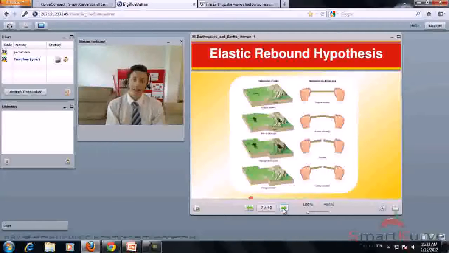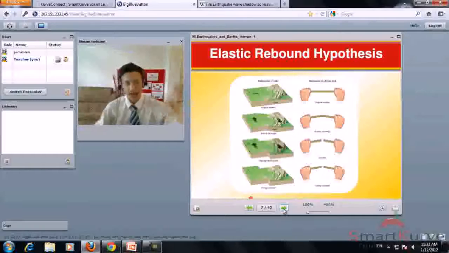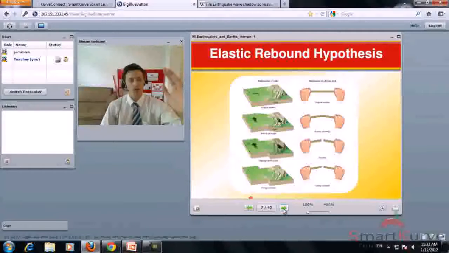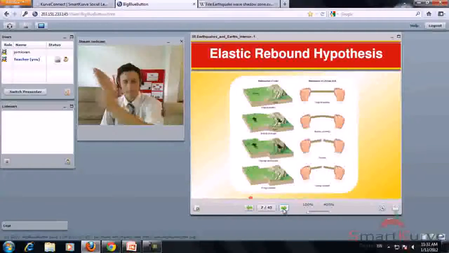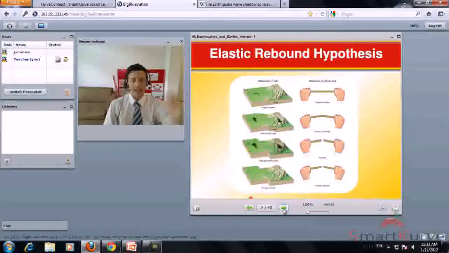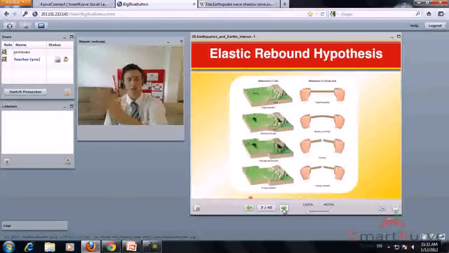Another way to think about this would be, imagine pushing a heavy table along a floor. It would not move smoothly. That table's going to move bump, bump, bump, bump, bump, like that, in little bursts of movement.